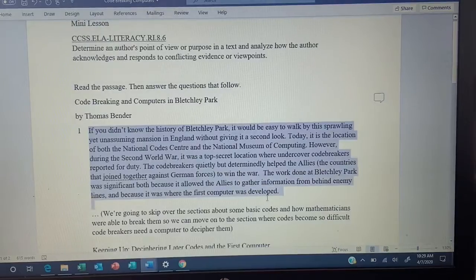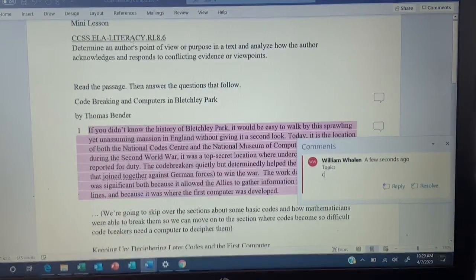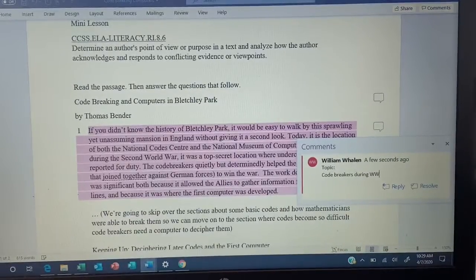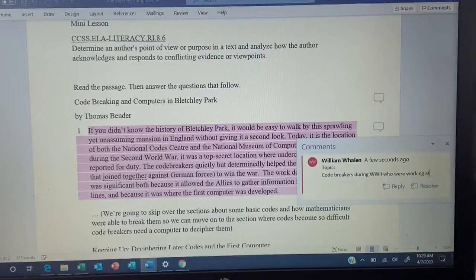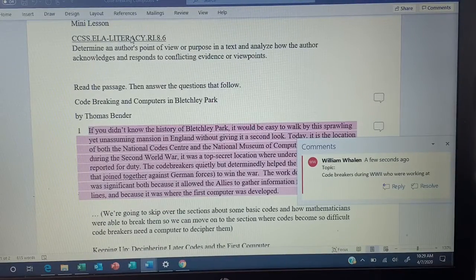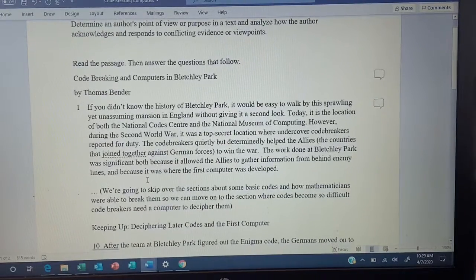So I know that my topic is just going to be code breakers during World War II who were working at Bletchley Park.